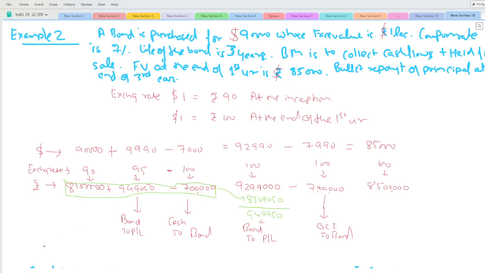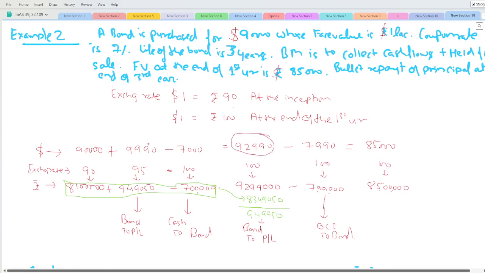And again, for the second year, you will be taking this dollar balance, and on that you will be applying the EIR rate. So same as it is, you will be doing it.